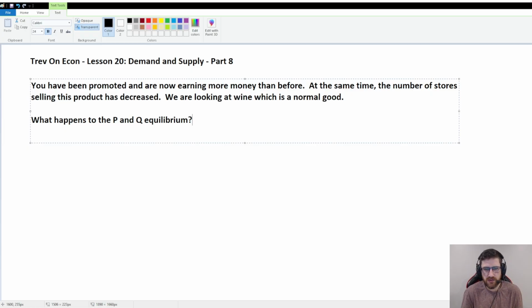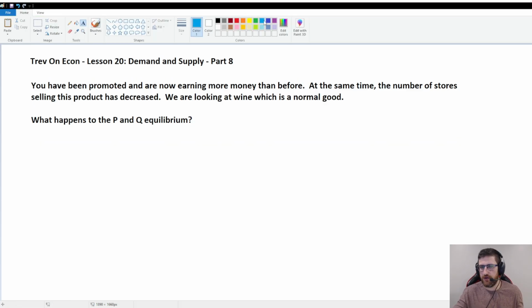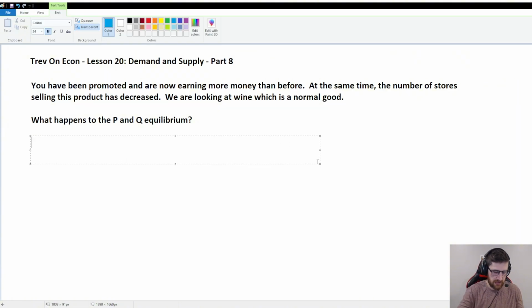So you'll notice here there's a lot of words, and our job is to basically strip out the words from the word problem. So over the years, I've come up with this kind of series of steps that I think works really well for solving these types of things. The first step is identify the events in the problem. Okay, so in our problem, there's a couple things going on.